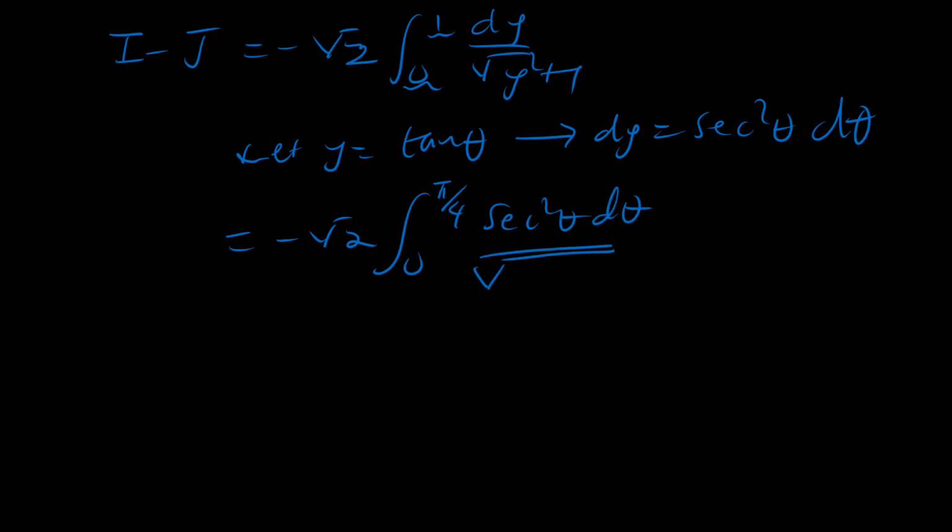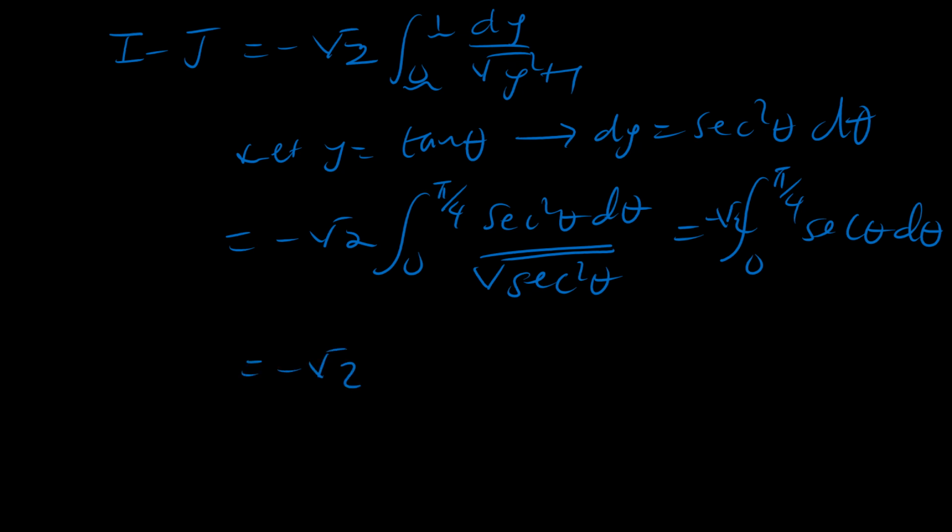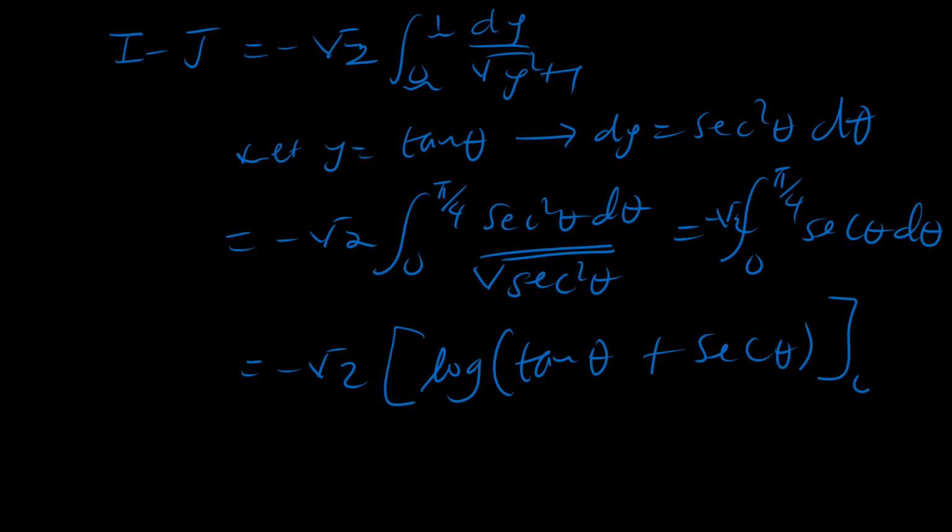over tan squared theta plus 1, which is sec squared theta, so we're going to be left with negative root 2 integral from 0 to pi over 4 of sec theta, which is equal to negative root 2 times log of tan theta plus sec theta from 0 to pi over 4.